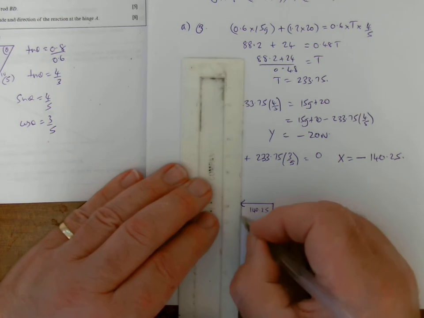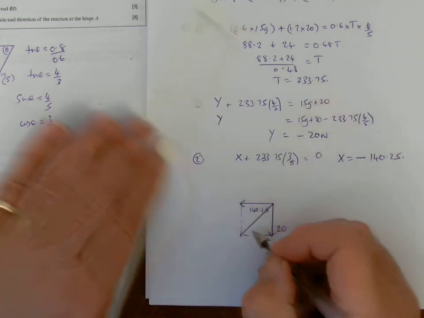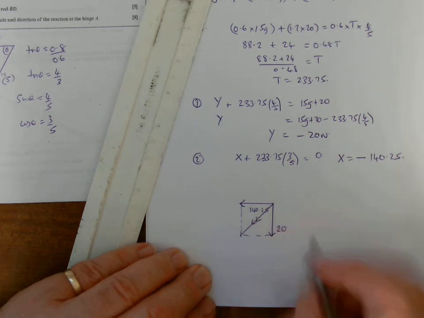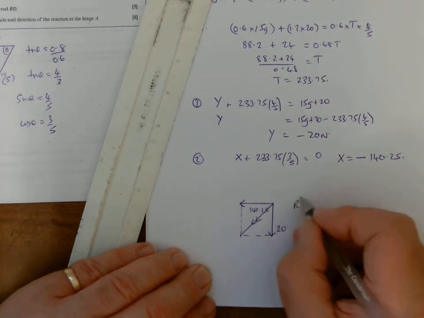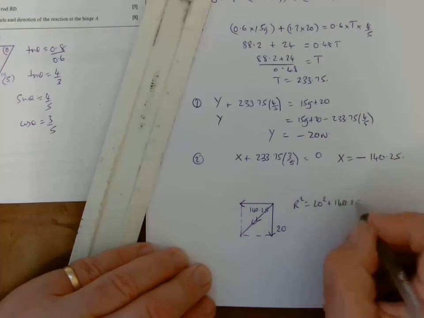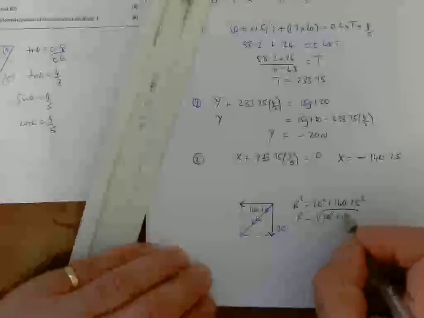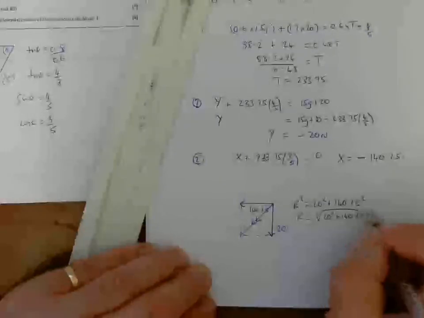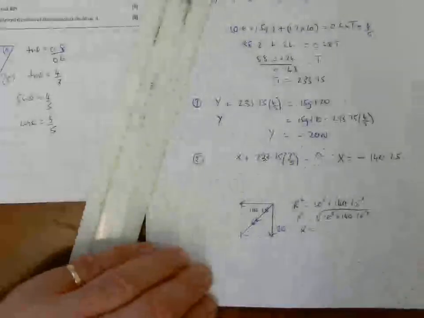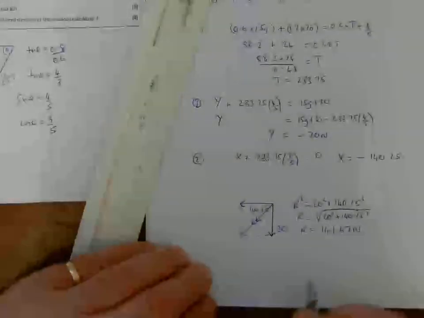So completing the rectangle, the diagonal gives me the magnitude of the resultant. So r squared will be 20 squared plus 140.25 squared. So that's the square root of that. So r is 141.67 newtons.